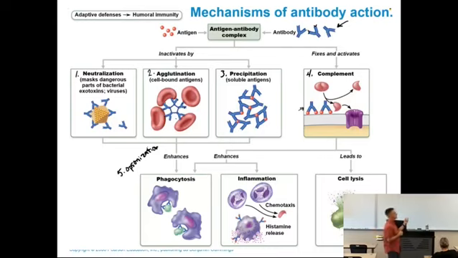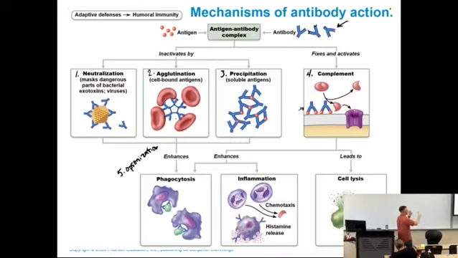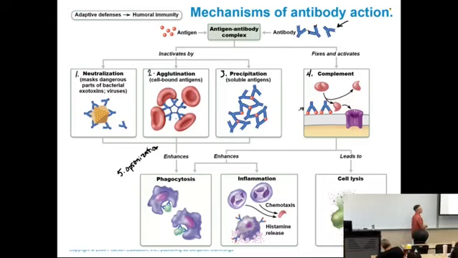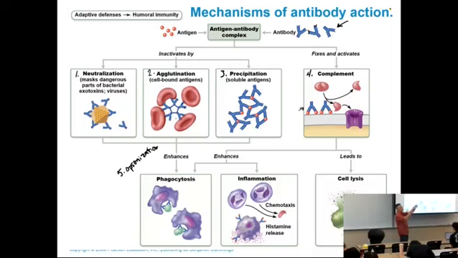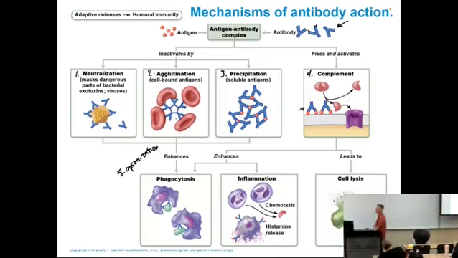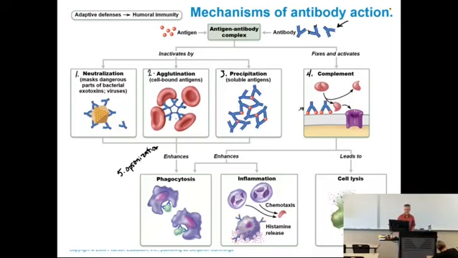So opsonization is where our pathogens are flagged with antibodies, and they act as opsonins, making it easier for the macrophage or the phagocyte to ingest it. So they kind of give it handholds, if you will, or the ability to identify and hold on to that antigen a little bit easier. It makes it easier to eat.